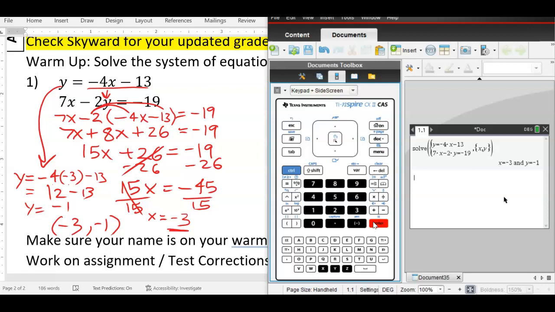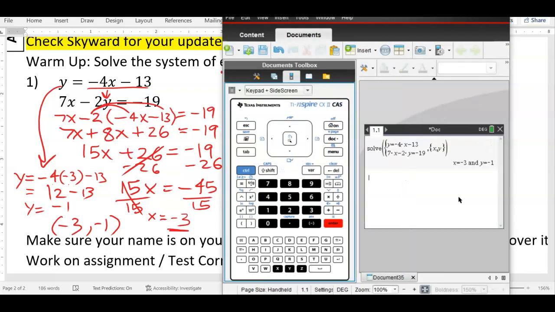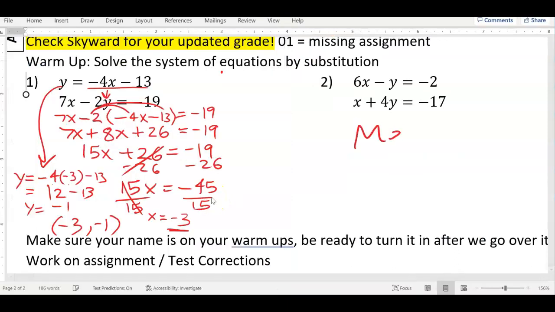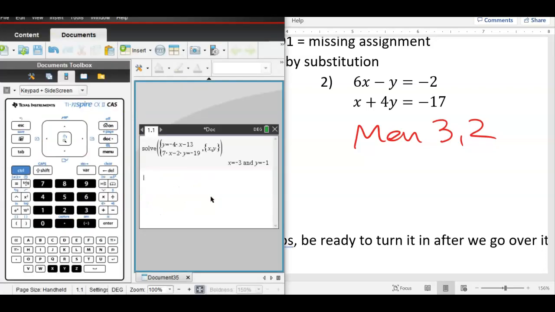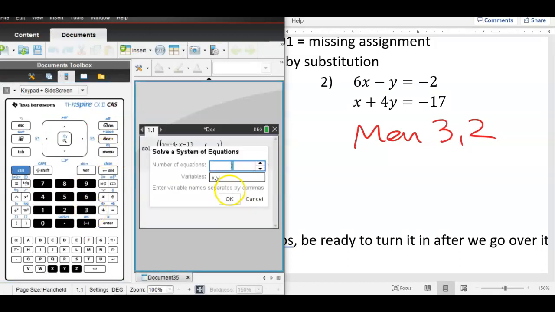Now, to save us some time here, because I know y'all want to get to the assignment, on number 2, we'll just do this with the menu 3, 2. So everybody, menu 3, 2, type it in. So here we go. Menu 3, you press 2, enter.